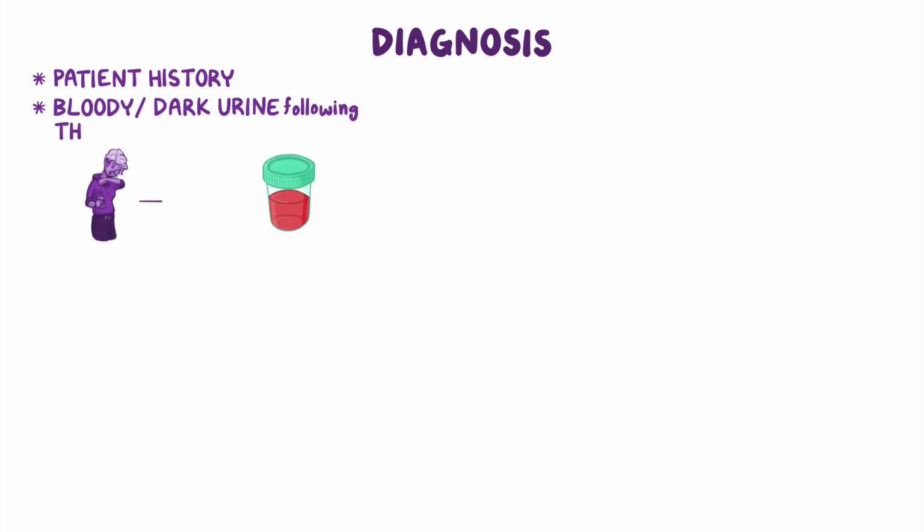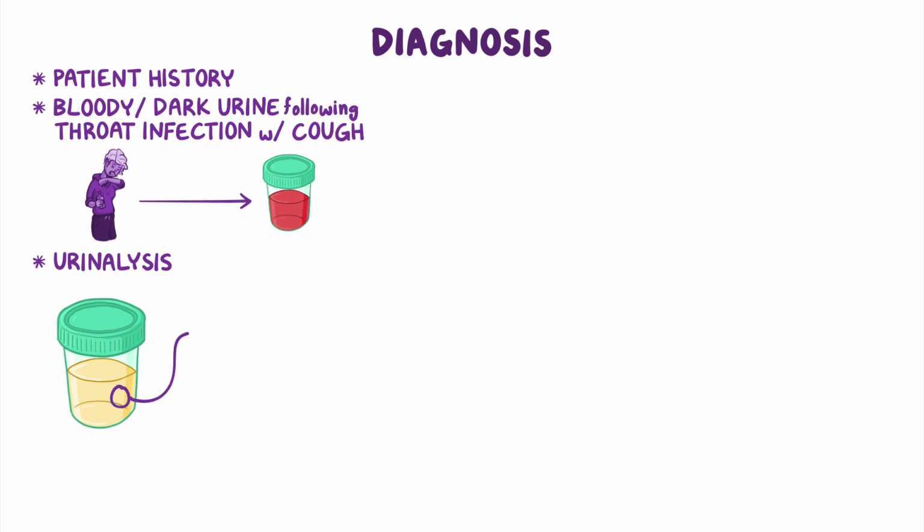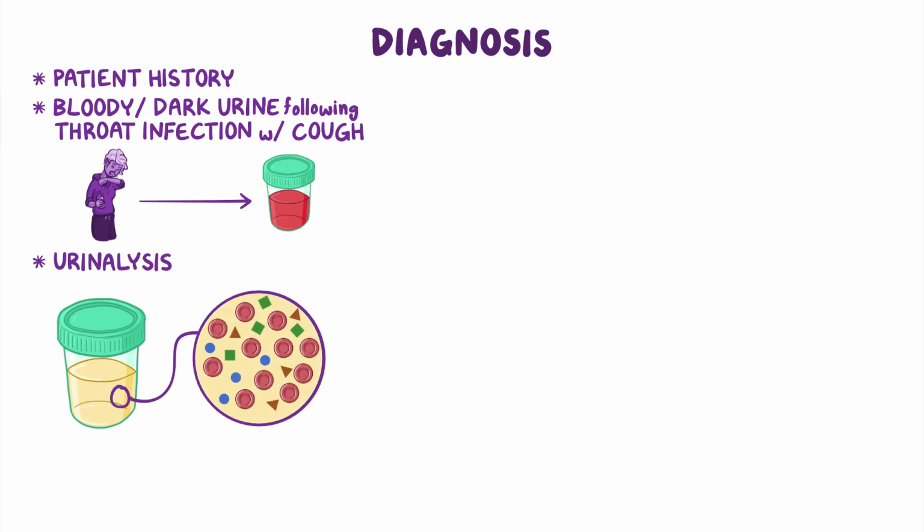Diagnosis is suspected based on patient history and the signs and symptoms of kidney disease, like bloody or dark urine following a throat infection with cough, and puffiness of the face and legs. Some clinical tests, like urinalysis, can check the urine for elevated levels of red blood cells and protein.